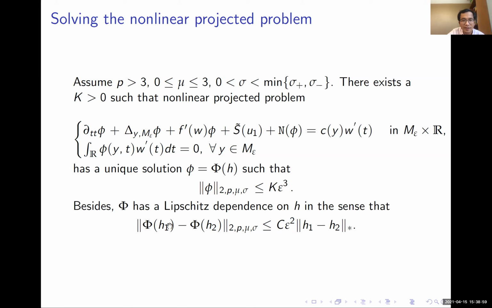H is the normal perturbation of the manifold. You fix H, you solve for phi, and then you want to show phi is also Lipschitz in H, so the difference is in the H norm, and this is the Lipschitz.